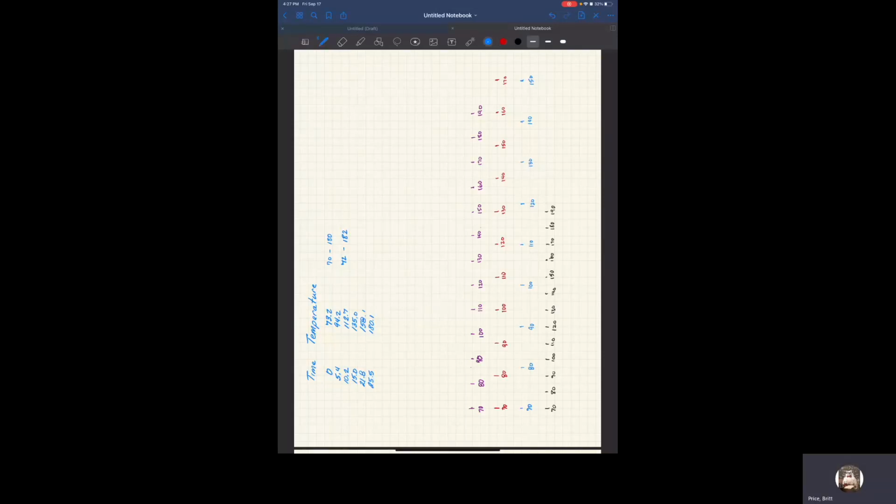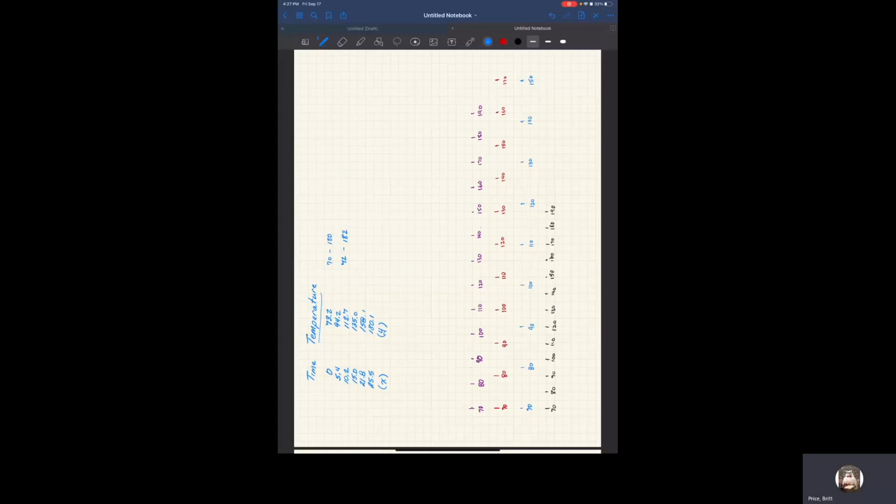And I see here that if you remember, my time is going to be my x-axis, my temperature is going to be my y-axis. And when I look at this, I go, okay, what's my biggest number and what's my smallest number for my temperature?